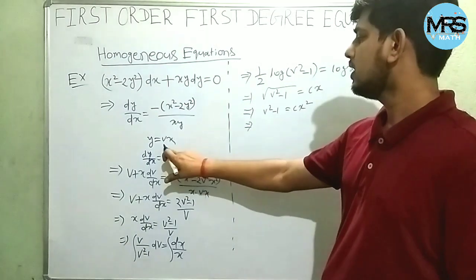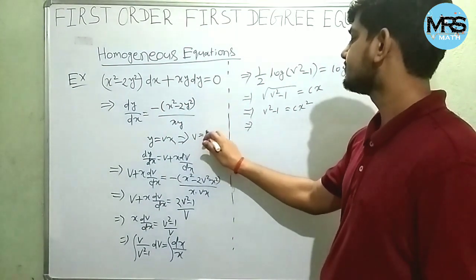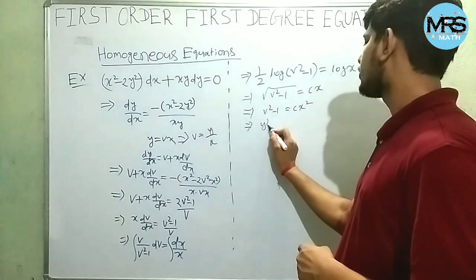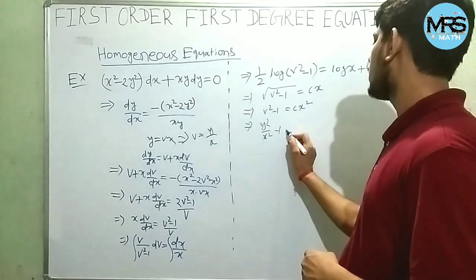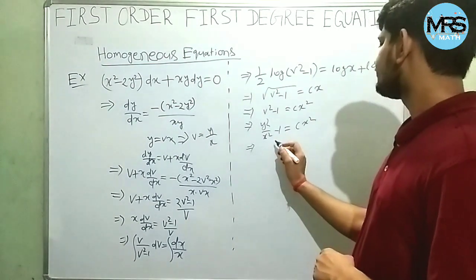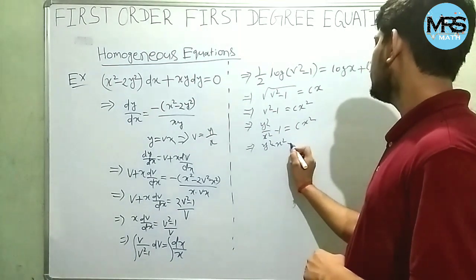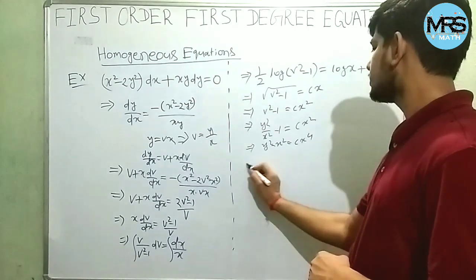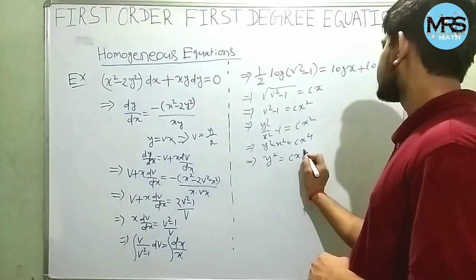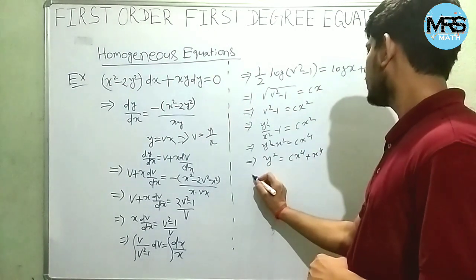So what is our v? v is equal to y by x, correct? So this one now we will substitute here, that is (y square minus x square) by x square, that is c of x square, correct? So y square minus x square will be c of x fourth, correct? So y square will be c x fourth plus x square, right?